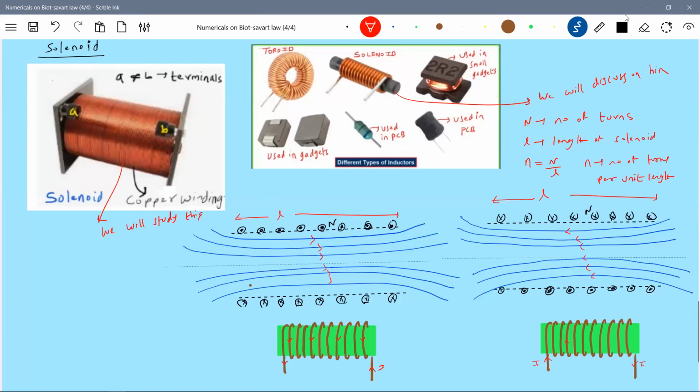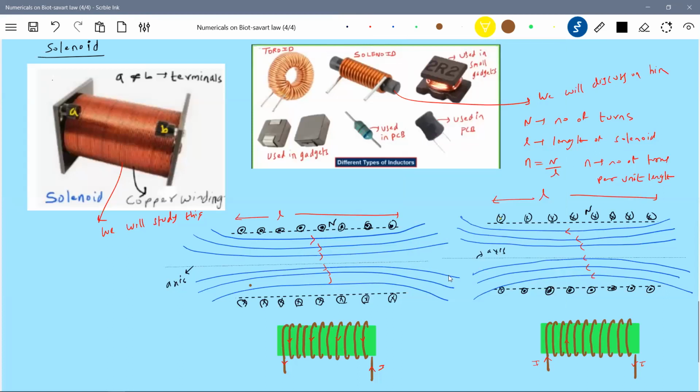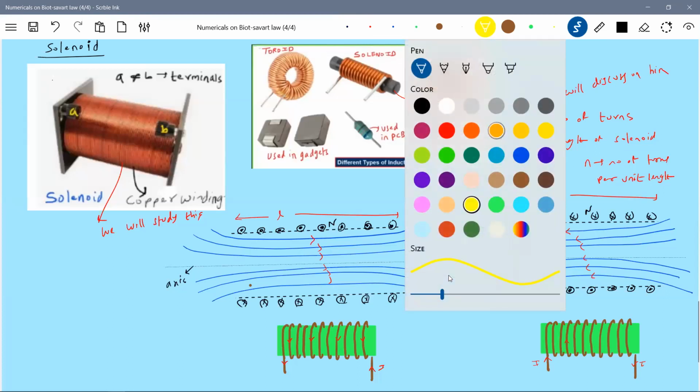Hope everyone is able to understand. Okay, let's do one thing. We will try to find out the field due to the solenoid. This is called the axis of the solenoid.